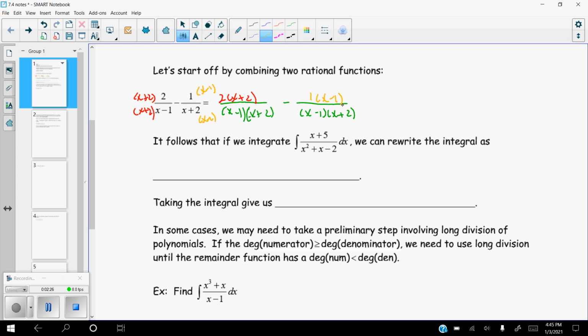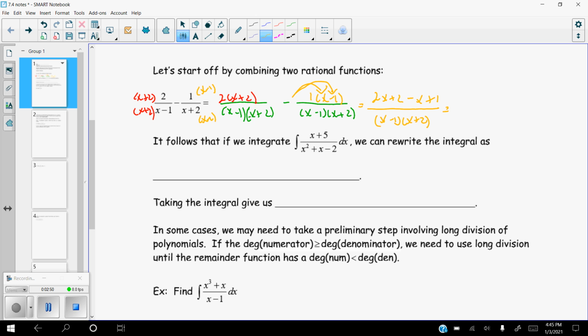And then we can go ahead and distribute everything on top and combine the fractions. So we're going to get a 2x plus 2. Don't forget that negative sign gets distributed to both things here, so that's going to give me a minus x and a plus 1 over our common denominator, x minus 1, x plus 2.